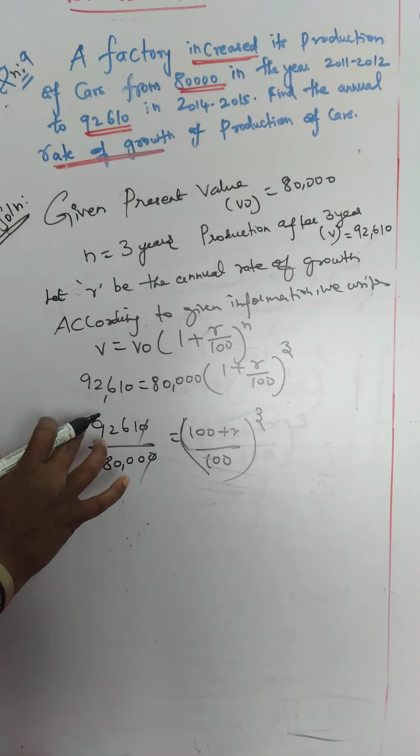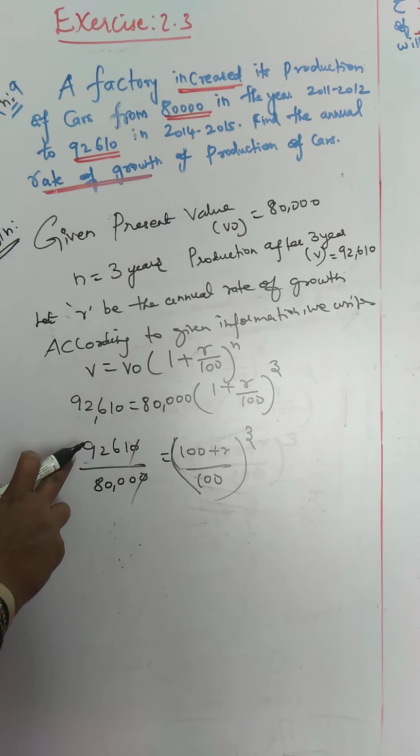Then we can check it here, 9261, and this one 8,000. And this is the cube of 21, and this is the cube of 20. So which can be written as 100 plus R by 100 the whole power 3. And this can be written as 21 by 20 the whole power 3 is equal to 100 plus R by 100 the whole power 3.